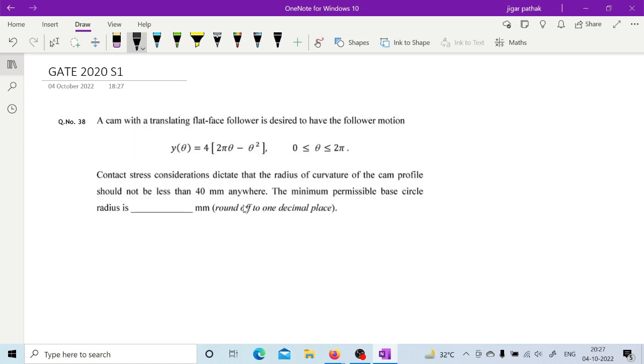So you have to check that radius of curvature. If you remember how to get radius of curvature from our discussion, try it.